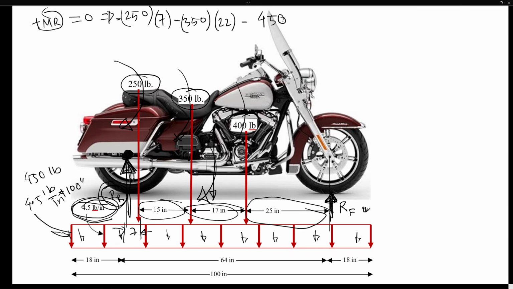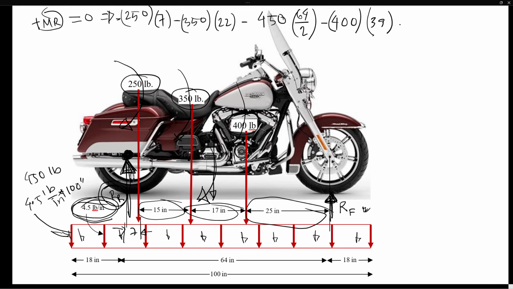So that is exactly 64 divided by 2 from the rear wheel, minus the engine moment, which will also cause a negative moment: 400 times the distance from the rear wheel, which will be 7 plus 15 plus 17. I found 39 inches.